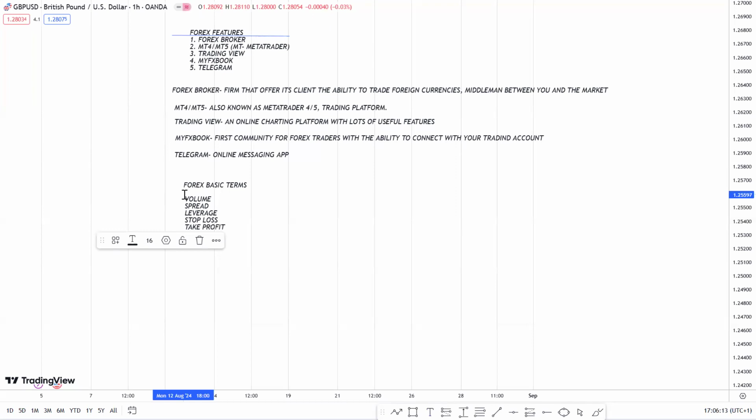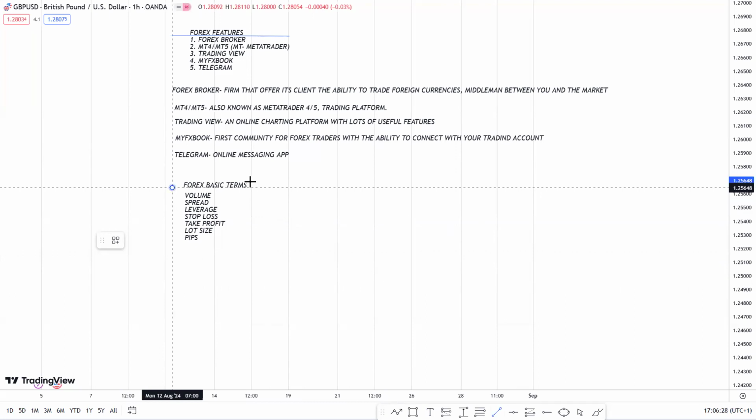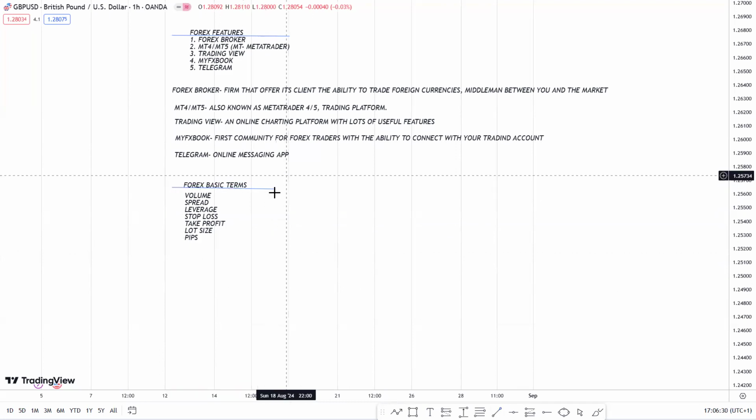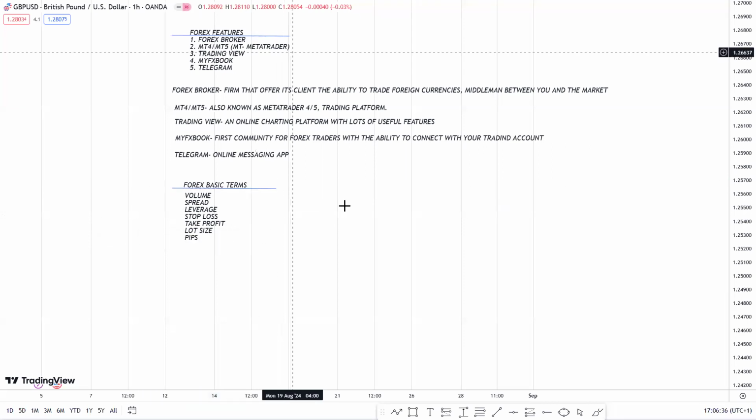For those of you who don't know how to place signals, or when you get a signal you don't know how to place it, all those kinds of things, this is very useful for you to know. All this information is very crucial. You have to be aware of their meaning in the market.